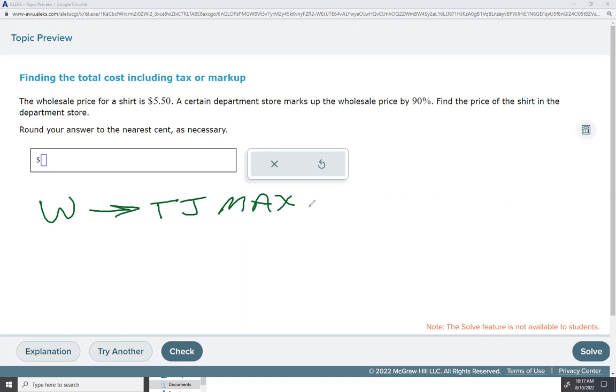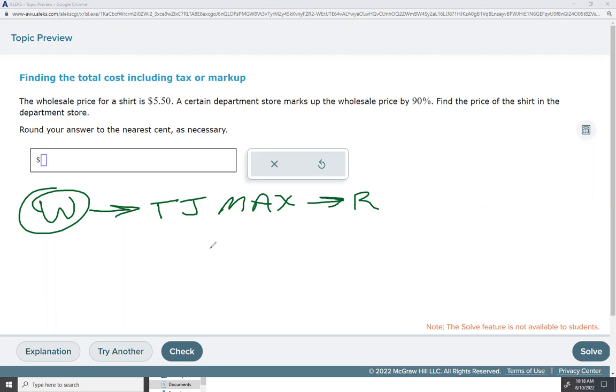Then TJ Maxx sells it to you for what's called retail, and you pay the retail price. In my experience, retail for clothes is often like double the wholesale price. The retailer, like TJ Maxx or Walmart, has to charge wholesale plus more so they actually make money.